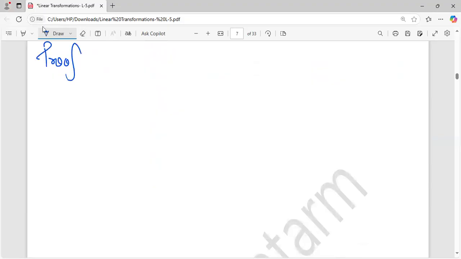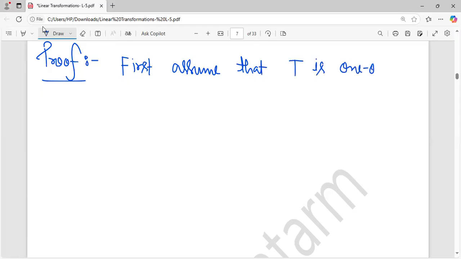Proof. First, assume that T is 1-1. So let V belong to null of T. What is null of T?